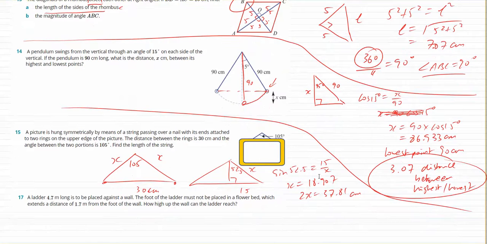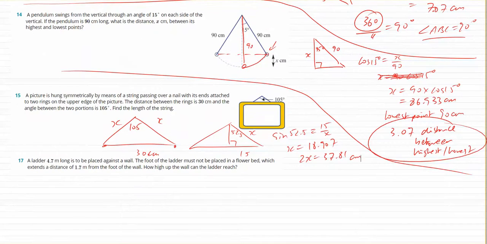Now, the next question is: a ladder 4.7 meters long is placed against the wall. We've got a wall here, and a ladder which is 4.7 meters long. The foot of the ladder must not be placed in a flower bed which extends 1.7 from the wall. How high can the ladder reach?